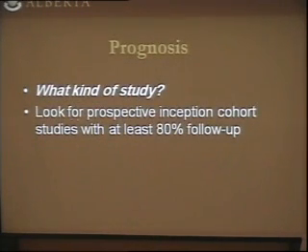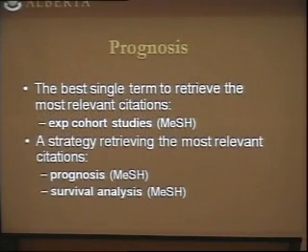Prognostic studies, you want studies where 80% of the patients were followed to the end. That's sort of a general guideline for choosing articles. Again, I would explode cohort studies. You can type cohort studies into PubMed, or prognosis, or survival analysis, or other keywords.